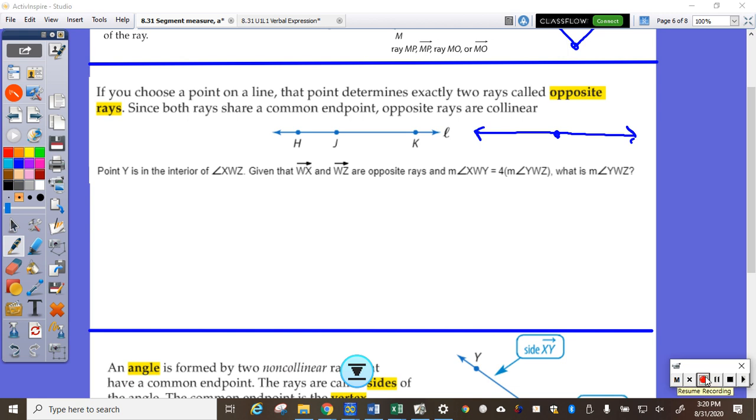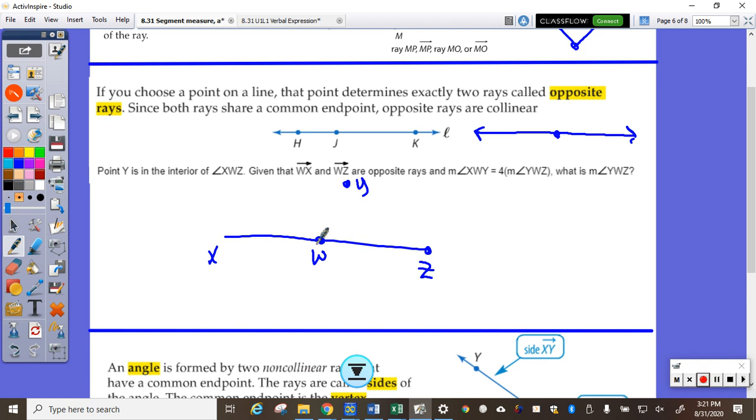Okay, so point Y is on the interior of angle XYZ. Given that WX and WZ are two opposite rays, the measure of XWY, if I can put Y anywhere in there, is 4 times the measure of WYZ.